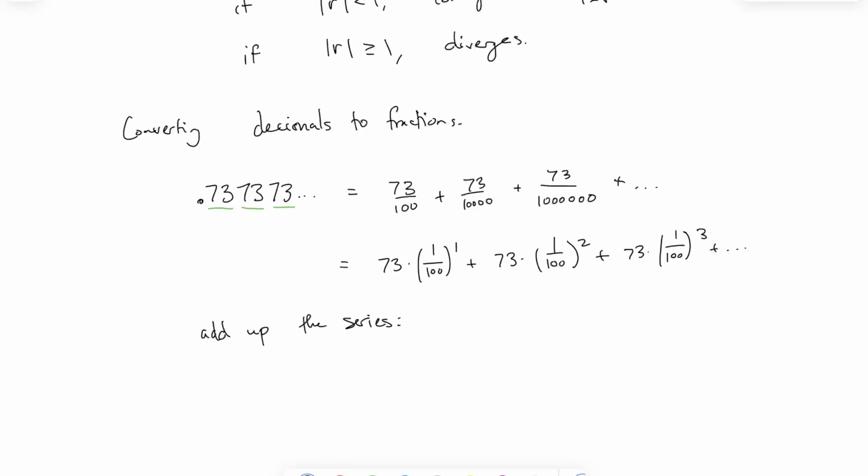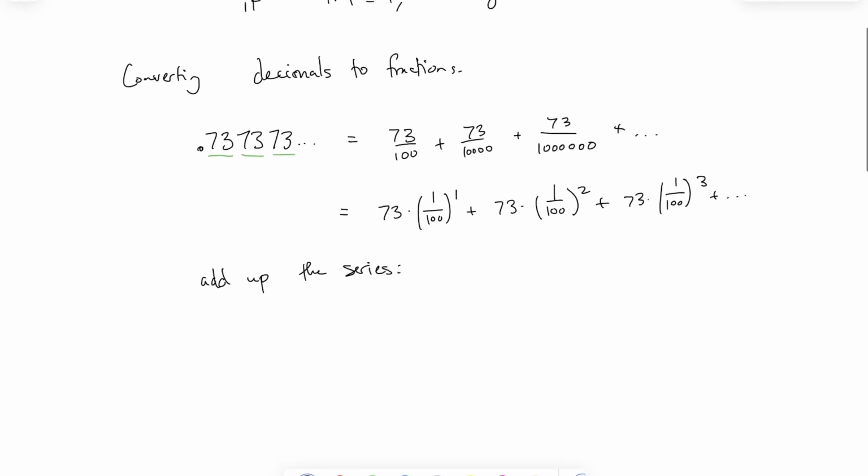Remember, this involves finding what is the A and what is the R. So the A here, actually maybe this may even be easier not looking at these ones. It's probably easier to just take what I started with here. Anyone remember, how do you find the A? What's the A in this case? Yeah? 73 over 100, yeah. A is always the first term, 73 over 100 in this example.